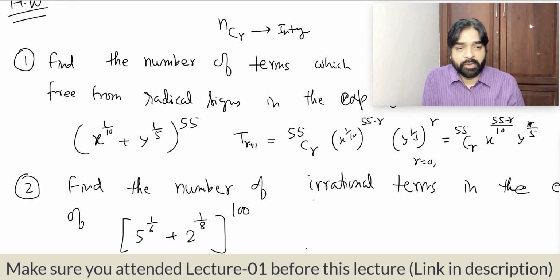So if I put r equal to 0, this will become 0, but the other will become a non-integer. So r equal to 0, I cannot take it.